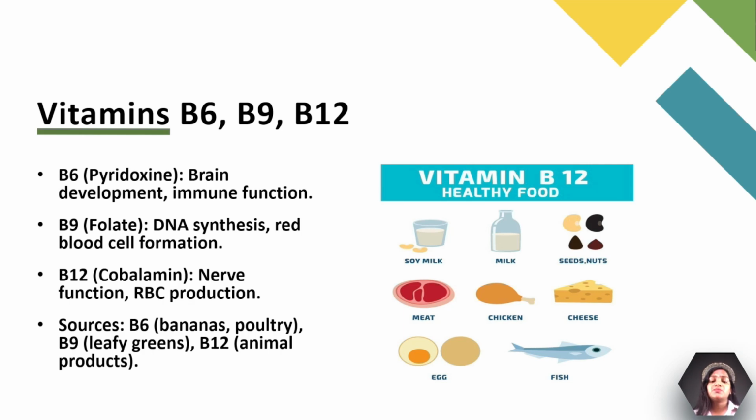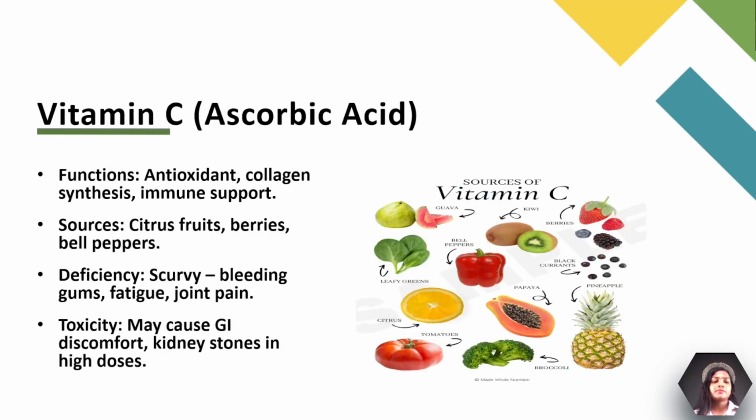Like you can see in this picture that there are multiple sources of vitamin B, like soy milk, seeds and nuts we can eat, and meat sources we can add to our diet: chicken, cheese, eggs and fish. So it is mostly focused on dairy products or non-vegetarian things.